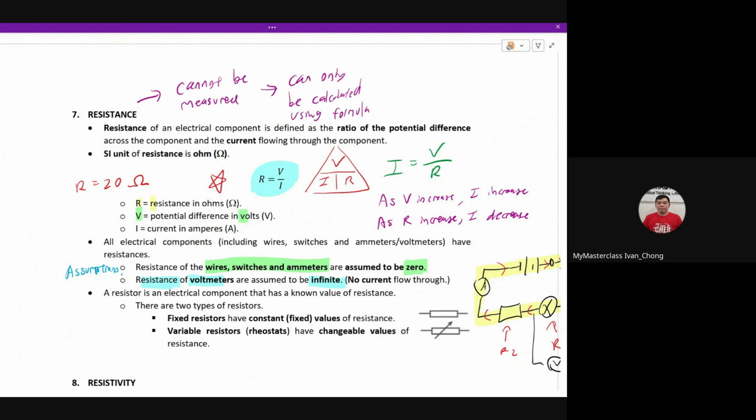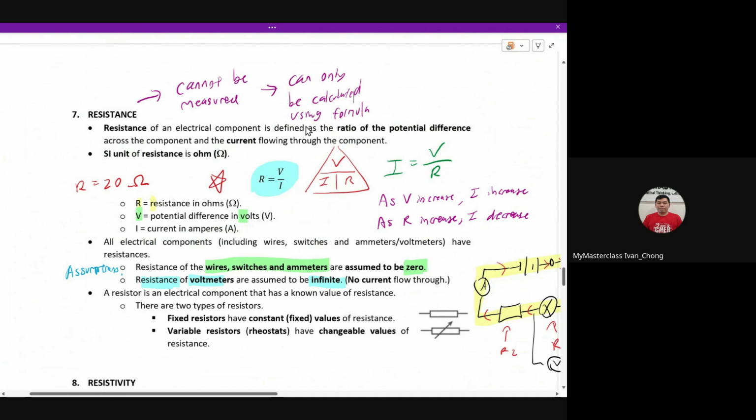We can only use the formula to help us calculate. If we don't use the formula, we cannot. There's no way for you to measure it unless you use a special device. But for now in our syllabus, we only know that your resistance cannot be measured. It can only be calculated.